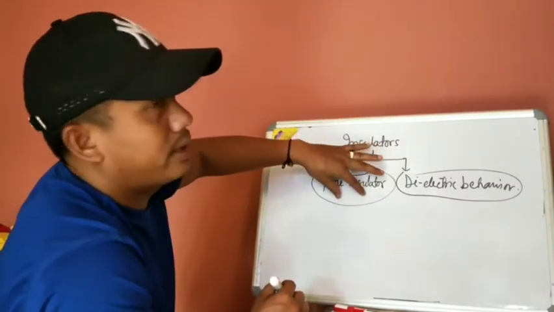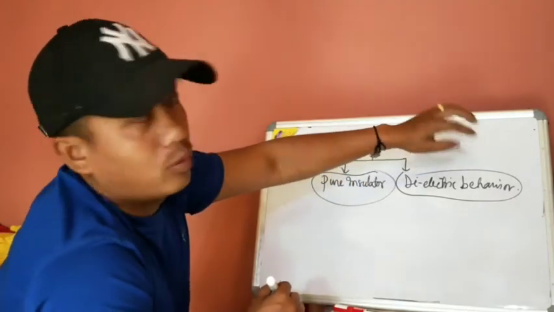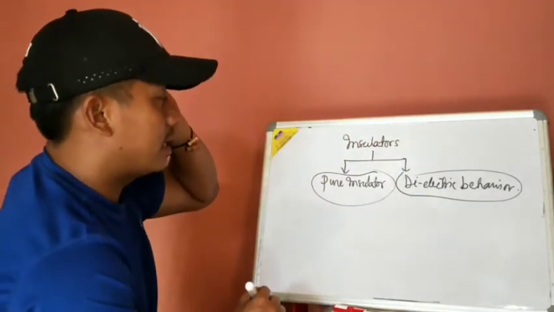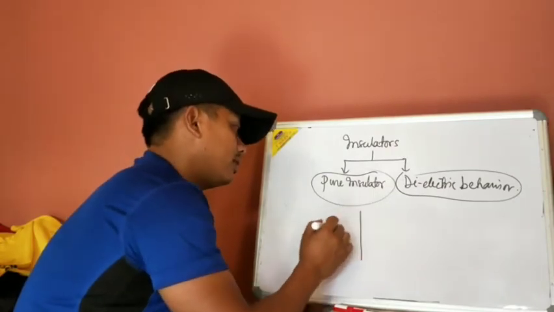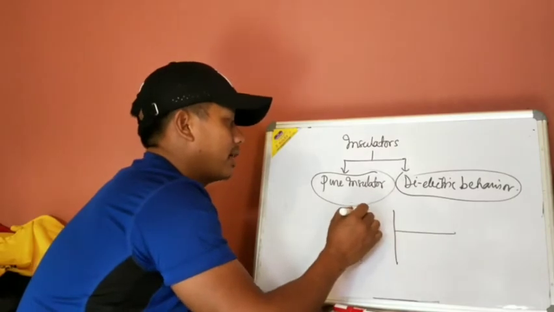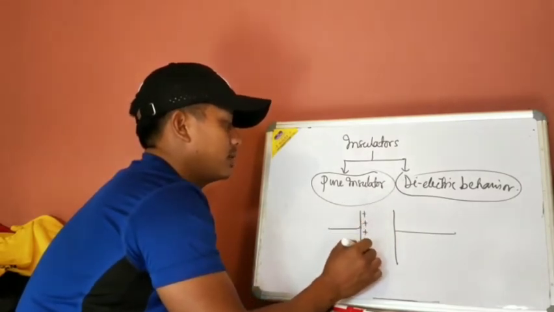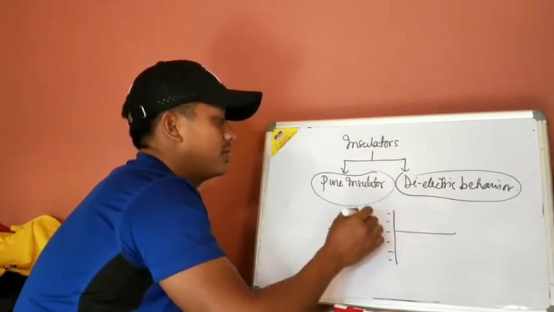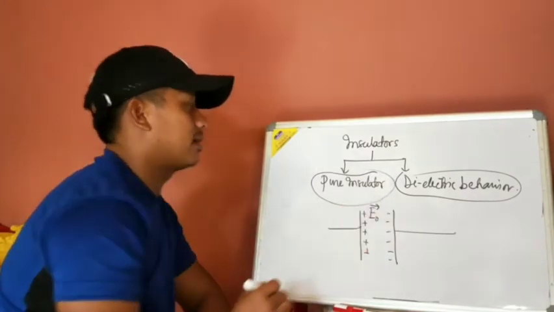When you give these two materials within an electric field, apply a positively charged plate and a negatively charged plate, and within this region you will have an external electric field E naught vector.